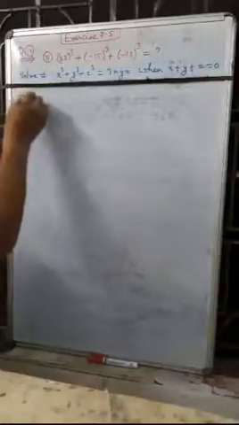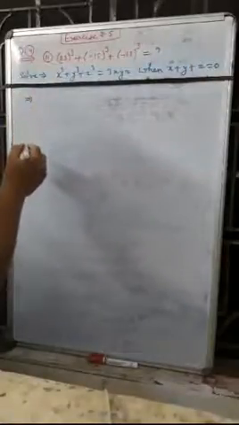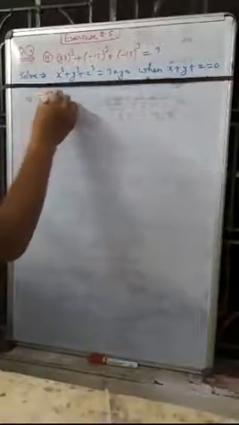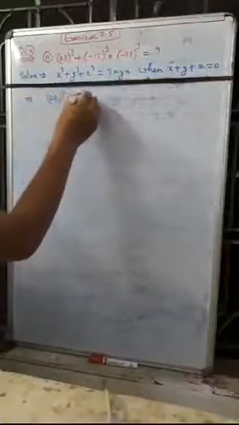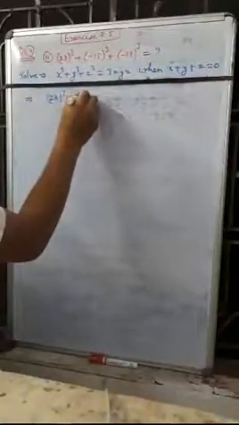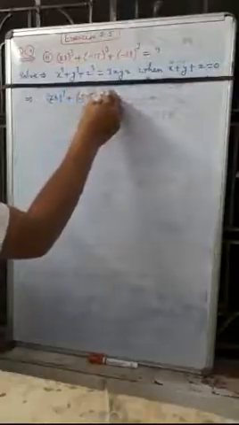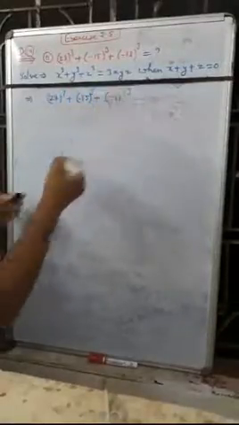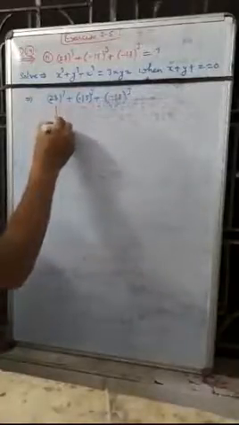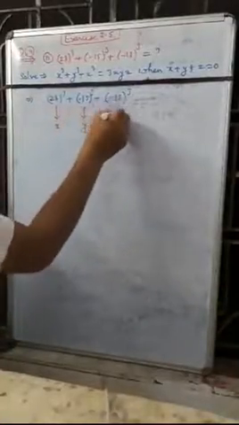So first we will check here. Suppose it is 28 cube plus minus 15 cube plus minus 13 cube. Suppose this is x, this is y and this is z.